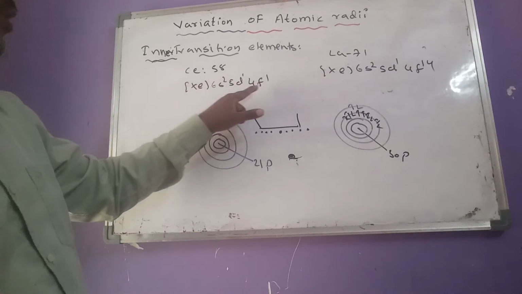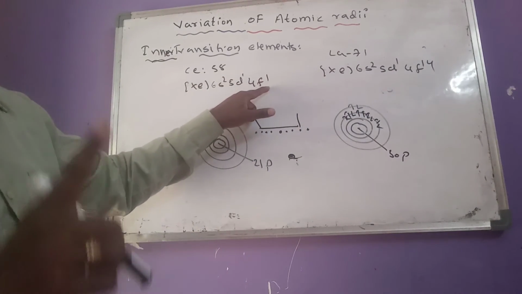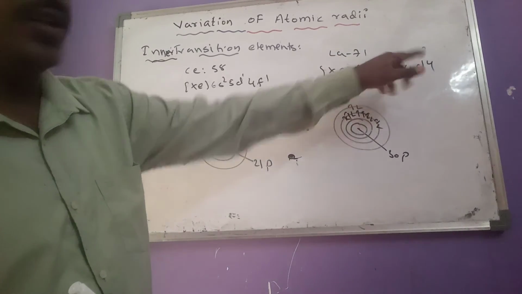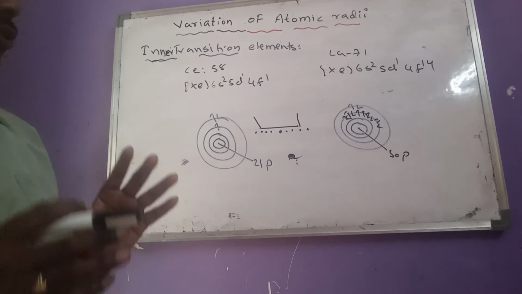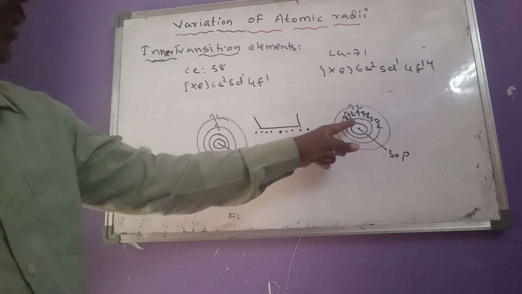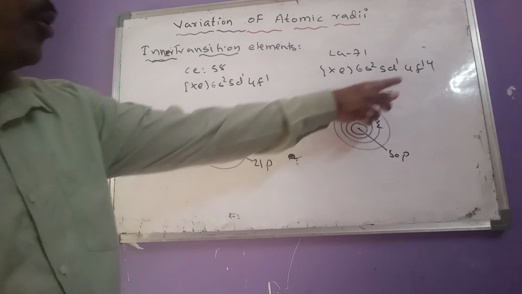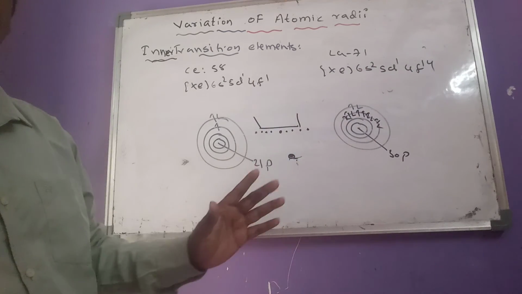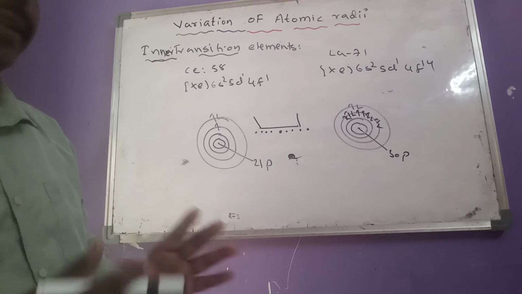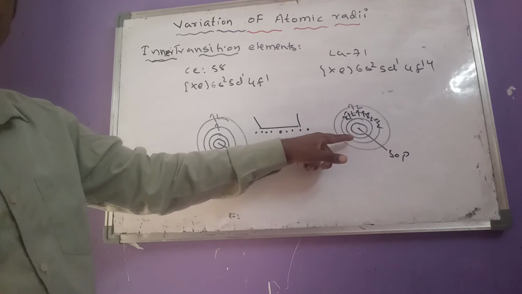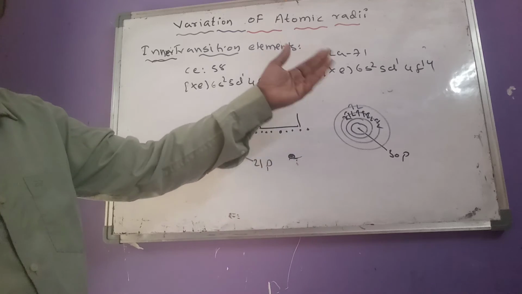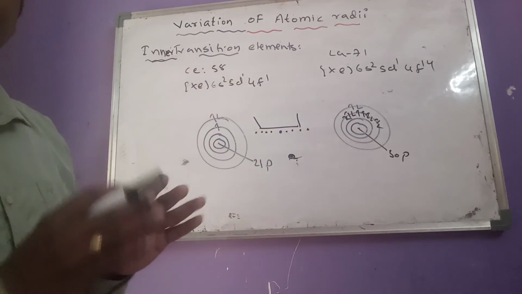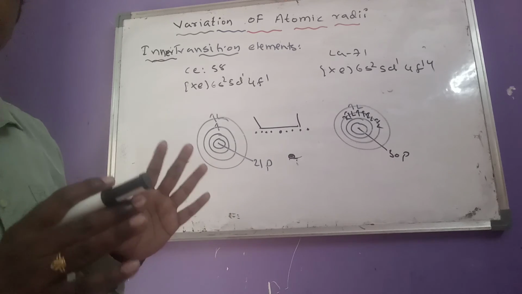In cerium, the 4f subshell has only one electron, but in lutetium, the 4f subshell has 14 electrons. So as compared with the d subshell, more electrons are present in the inner orbital. One may expect that in lanthanide elements there is a more screening effect than in transition elements. But that is wrong.